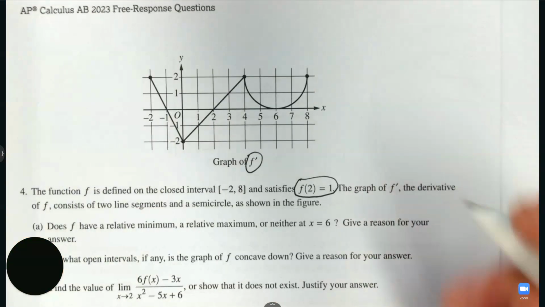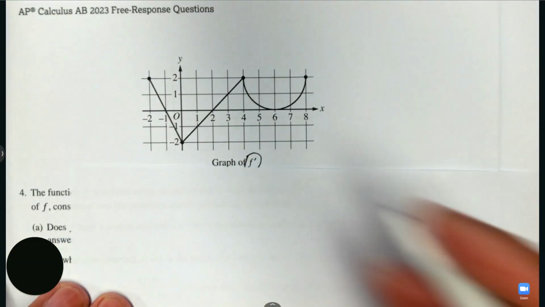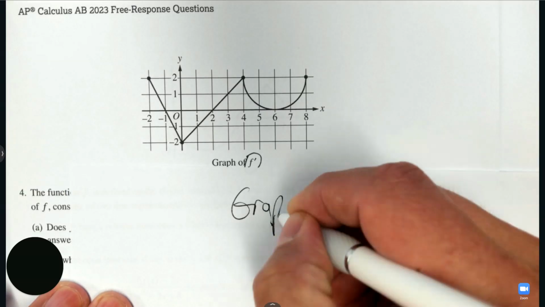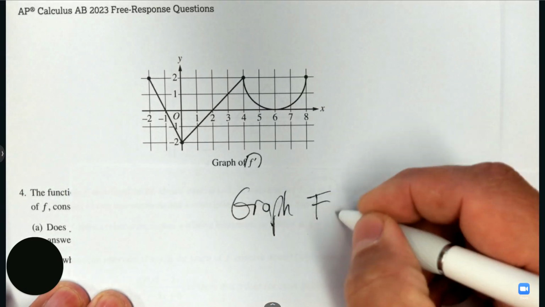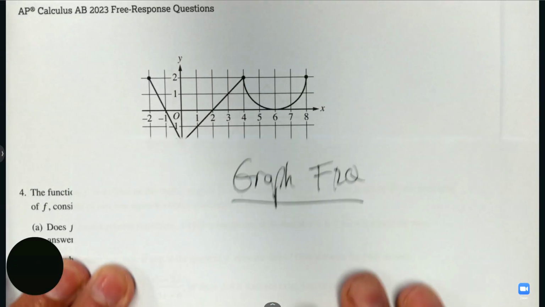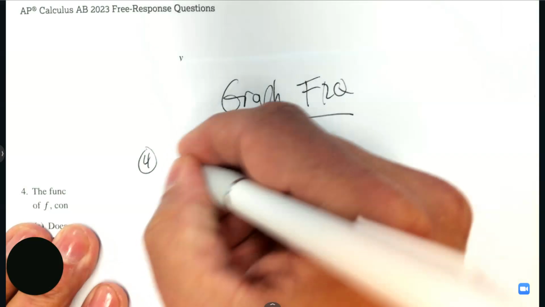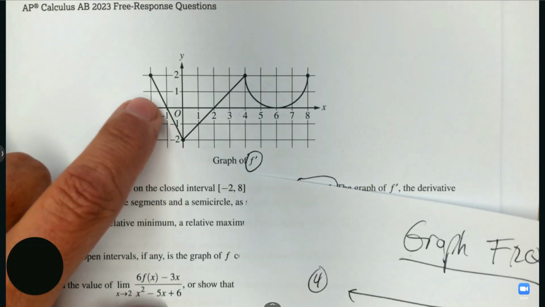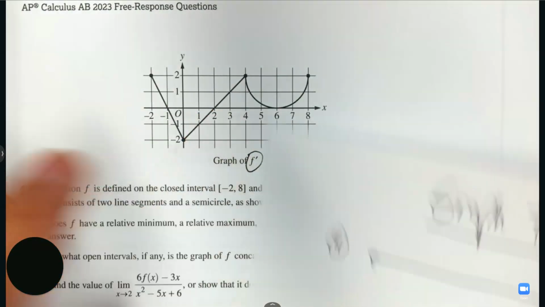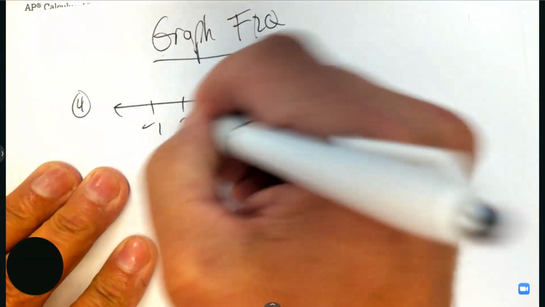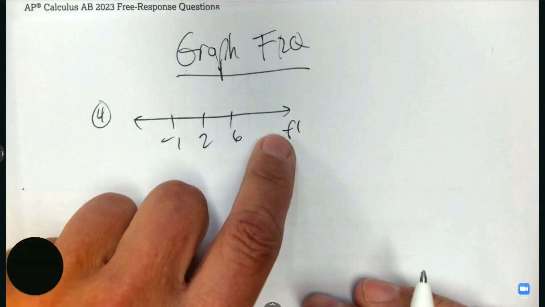So what I'm going to do, on a separate piece of paper, is I'm going to draw a number line for f prime. And on that number line will be the x-intercepts, which are -1, 2, and 6. That's where the derivative is equal to 0.